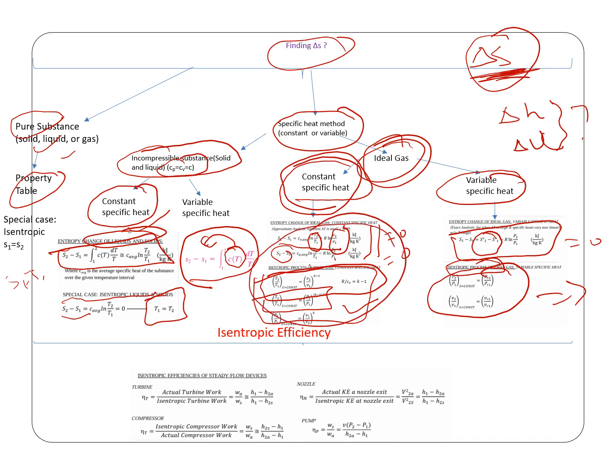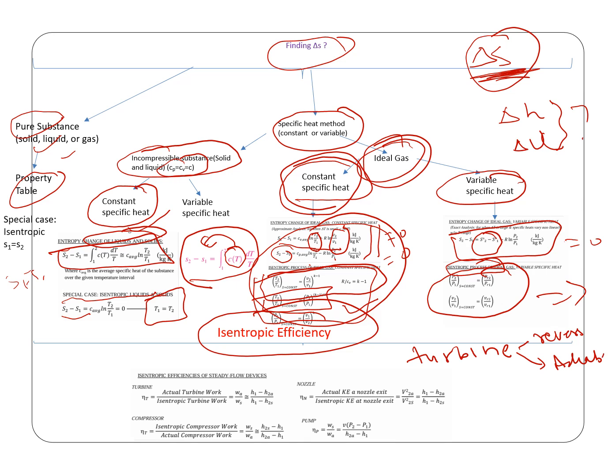Okay. And isentropic efficiency is a very important parameter in terms of figuring out how efficient thermodynamic devices like a turbine are. In the Rankine cycle, in the ideal Rankine cycle, the process is reversible and adiabatic.